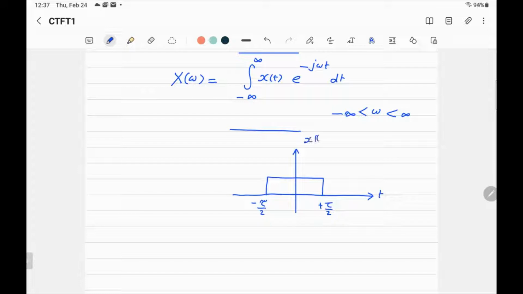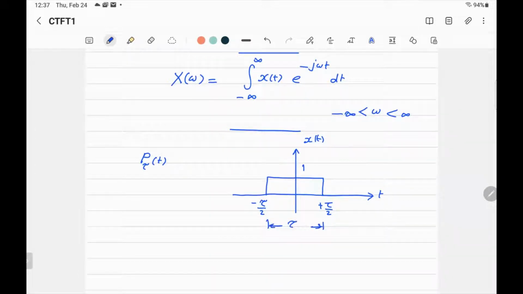That's x of t, and the height is equal to 1. How do you write this one? We use this notation, p tau of t. What does it mean? A rectangular pulse of width tau, and that's the width from the negative to the positive. If you add them, you get tau.